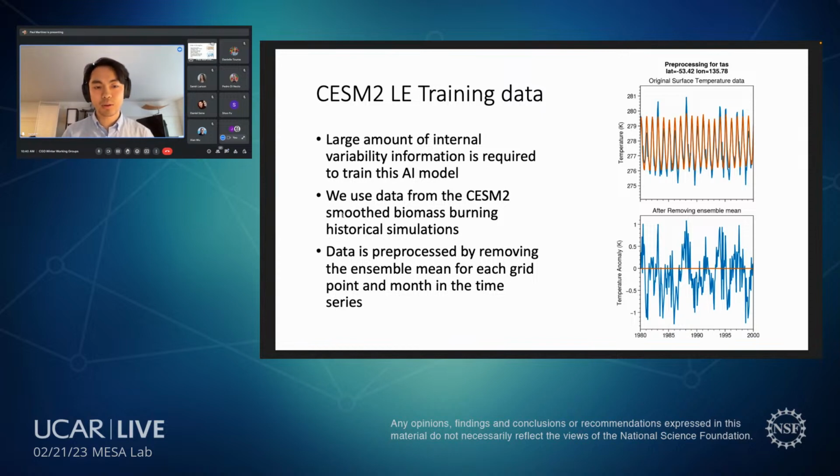And in order to pre-process the data for training, what we do is we remove the ensemble mean at each grid point and each month in the time series, so that we only have the month-to-month internal variability at each of the grid points. And so, yeah, one key thing is that we are removing the seasonal cycle in our data here. Next slide, please.